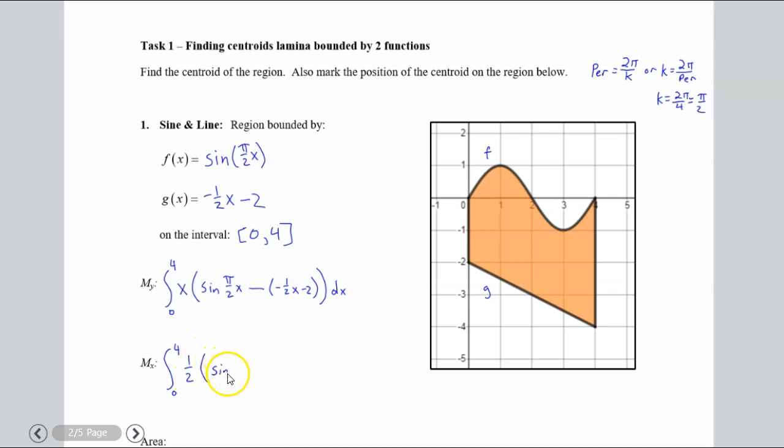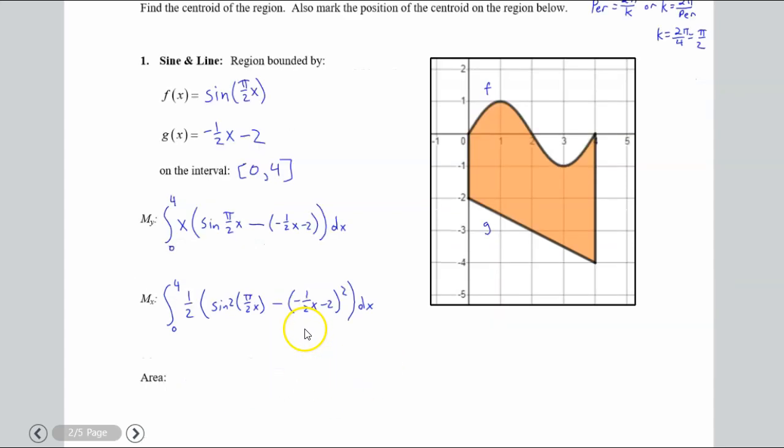So we're going to get sine squared of pi over 2x minus, and then this whole thing, again included in parentheses, negative 1/2 x minus 2 quantity squared. You don't want to distribute the negative on that. The squaring is going to take care of that, but you do want to make sure that the 1/2 is either outside the integral or outside the parentheses right there. I'll do the actual calculation in a second.